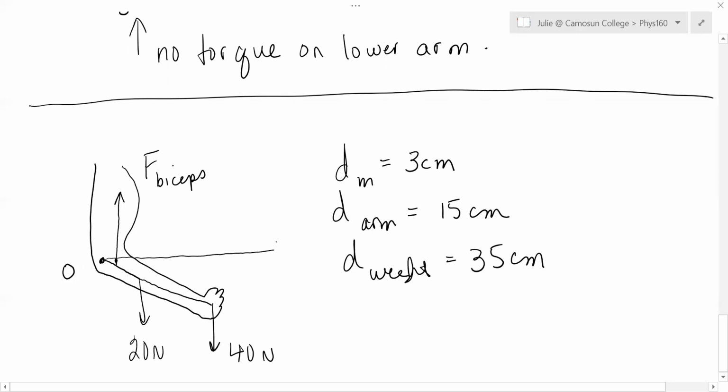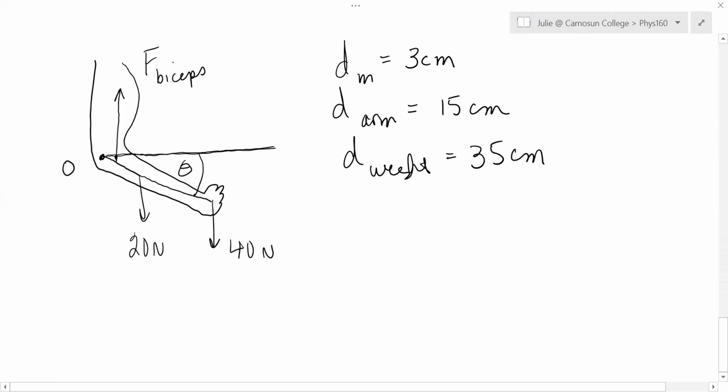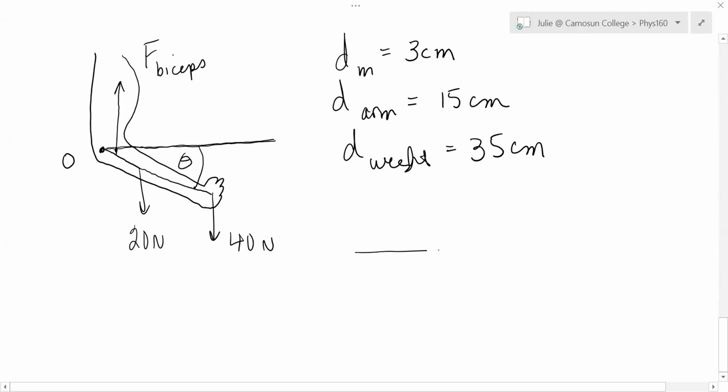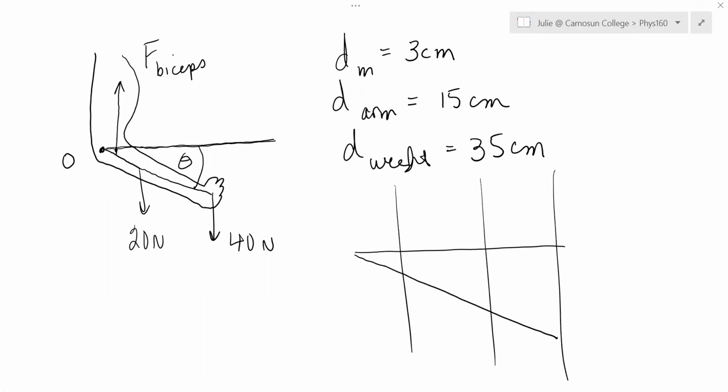are the perpendicular distances. So we need to get the distances along this horizontal line here, where this is theta. And this is now where you're going to have triangles to get the lever arms. So in every case, looks like this. The lines of action slice this like this. D is the hypotenuse.